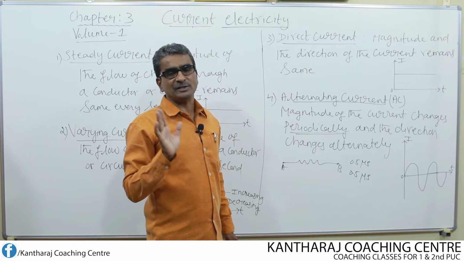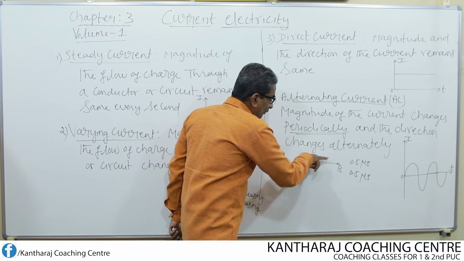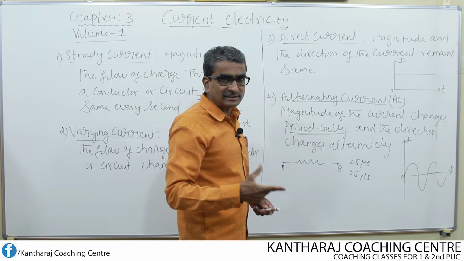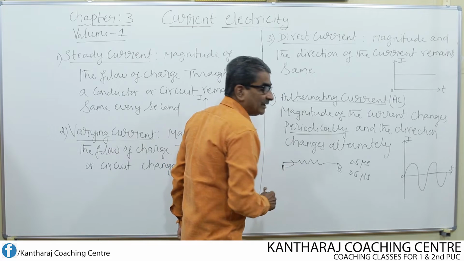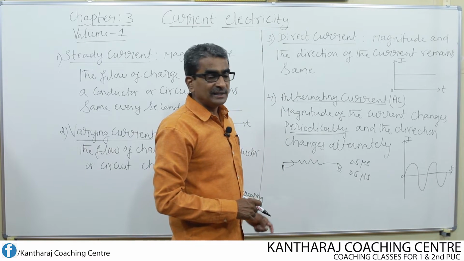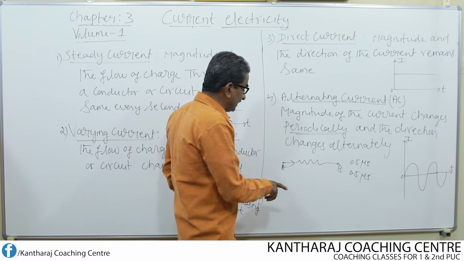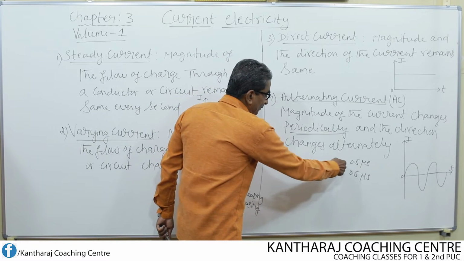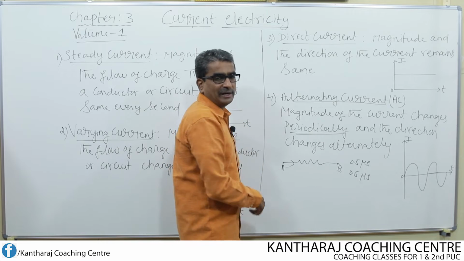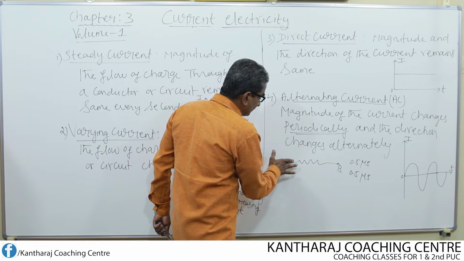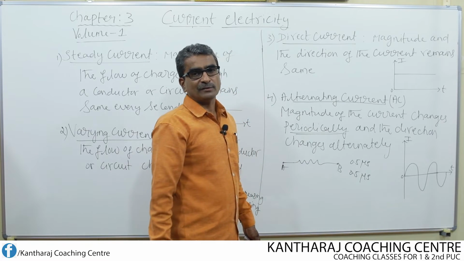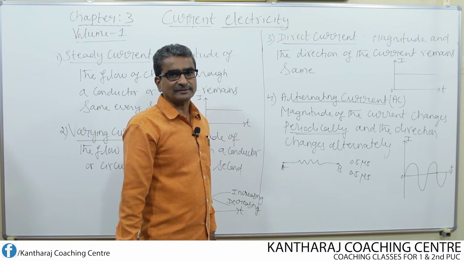Suppose the current flowing through this conductor is DC, then we can specify or represent the current direction. For AC, we cannot do that, because the direction changes from A to B, B to A, A to B, B to A. So no direction should be mentioned for alternating current.